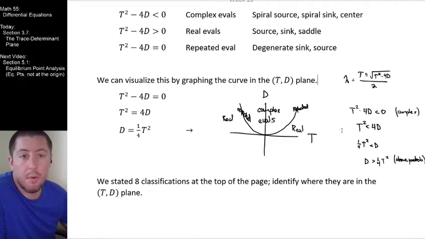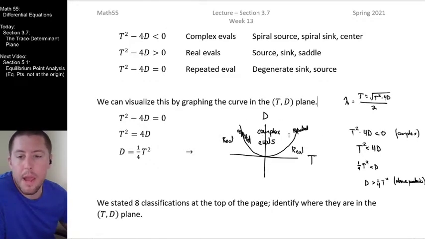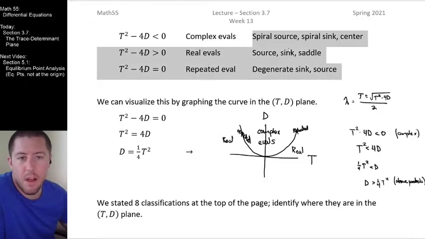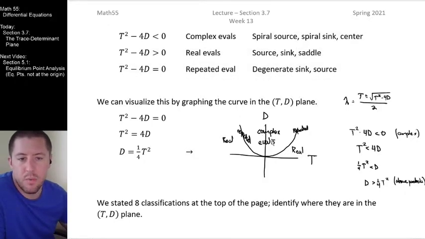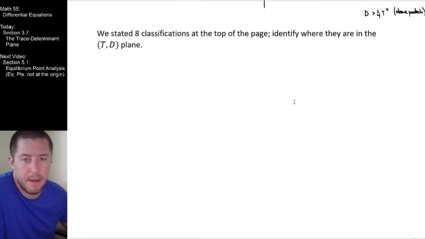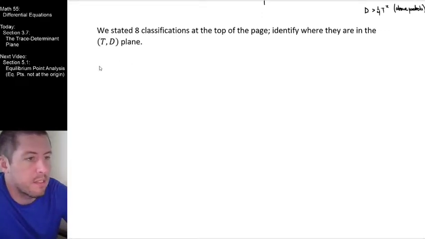So let's go ahead and fill out a way better picture than this guy right here. This is just our first look at real, complex, and repeated roots from our quadratic formula. Let's actually name all 8 of these classifications in one good trace determinant plane by doing a little bit of math here. So we're going to look at lambda equals trace plus or minus the square root of trace squared minus 4 times the determinant all over 2.